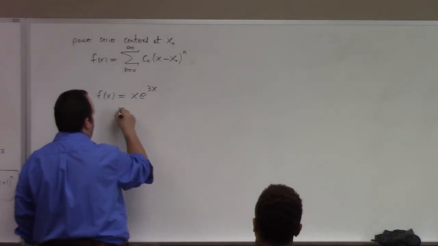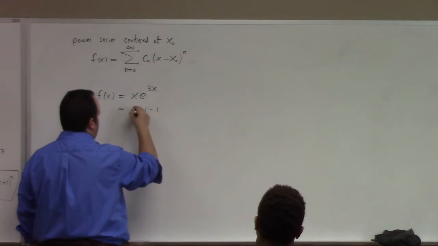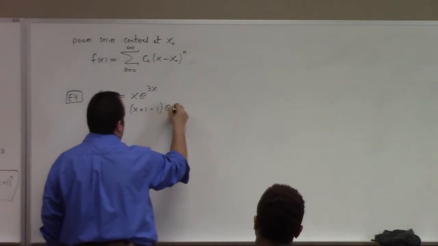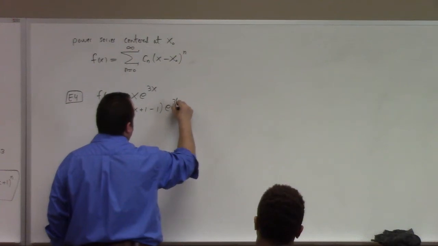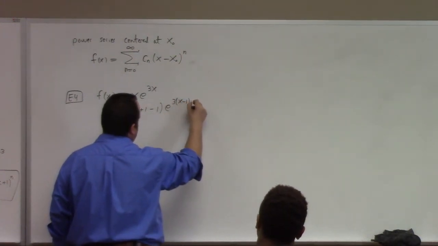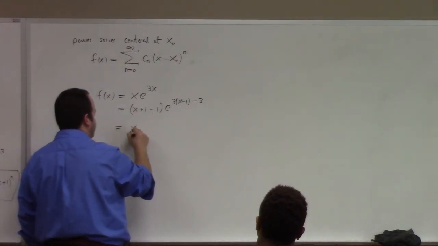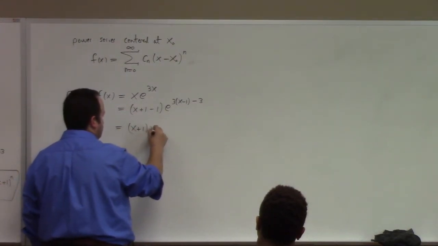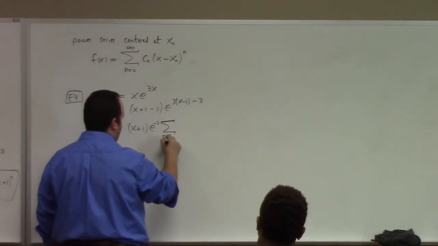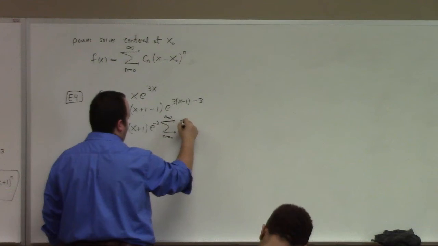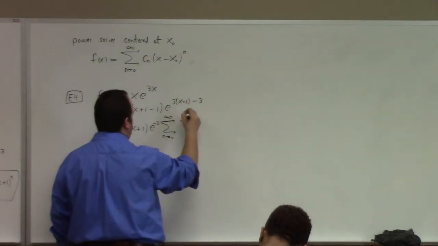So I would just say, well, that's x plus 1 minus 1 times e to the 3x. So, I can go from there. I just did plus 1, sorry.